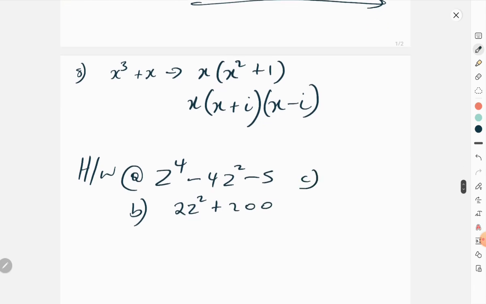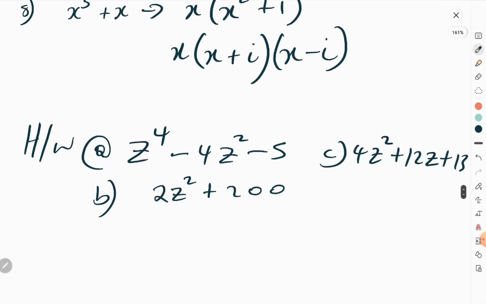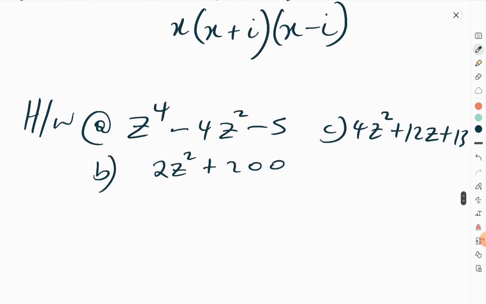Then the last one can just be 4z squared, then plus 12z, sorry, this is 12z, then plus 13. Let me put z like this so that it is clear that this is the variable, not 2. So this is what we have. I hope it is clear to everyone. So this is the homework. Otherwise, see you in the next question video. We're going to be solving some great stuff.